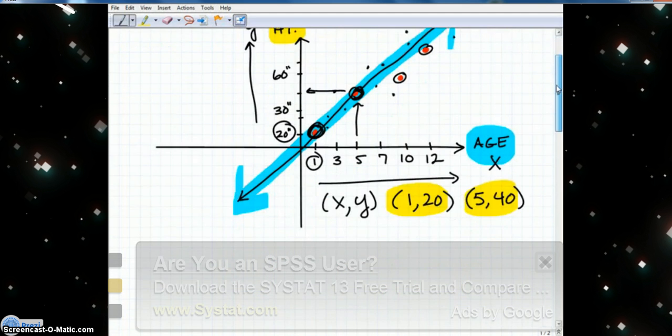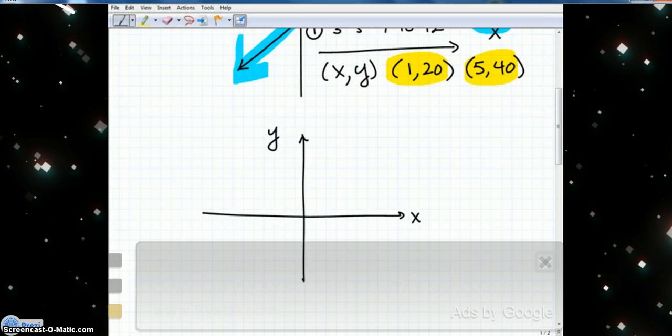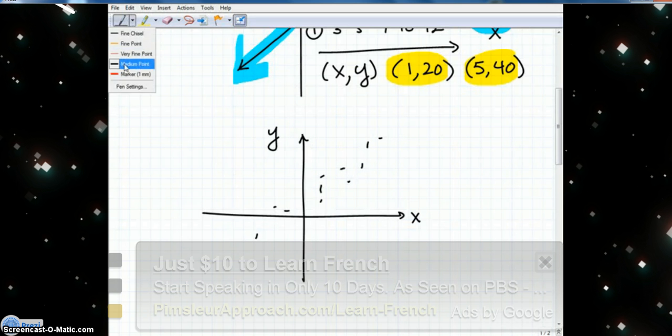Now, let me talk about one last thing. There's something called correlation. You might be asked what kind of correlation a scatter plot has. If your data is plotting this way, your data is kind of forming a line that has a positive slope.